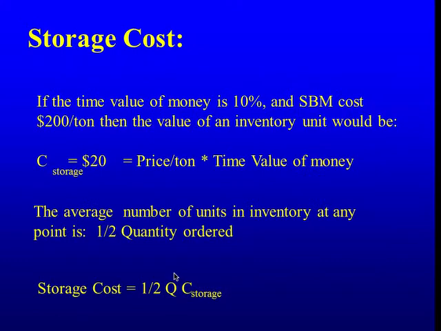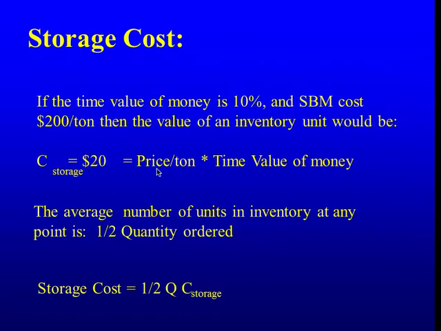Now the other cost, the storage or holding cost, can also be calculated. If the time value of money is 10%, in other words, if I have the money available, I could get a return of 10%, and let's say soybean meal costs $200 a ton, then the value of an inventory unit of soybean meal would be $20.